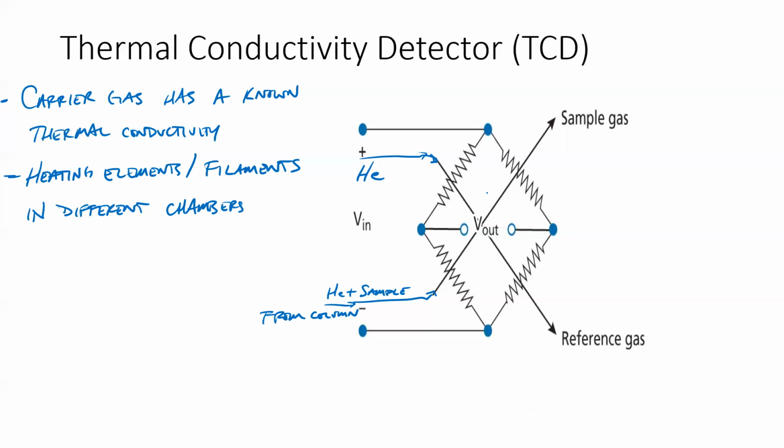And so the diagram, the way that they've drawn it here, is a particular type of electronic bridge, and that is not as important to me as knowing that the reference gas is heated over here. Right?